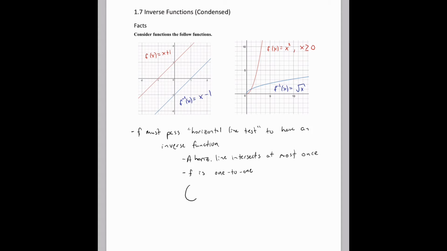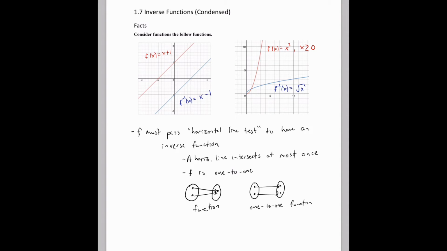So in other words, if we have something like this, where this is our two inputs, and they both map to the same output, that's still a function. It's a function, but it's not a one-to-one function. A one-to-one function means every input maps to a unique output. All right, so this is a one-to-one function.